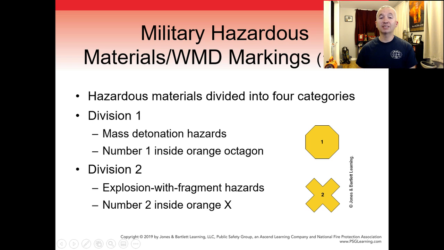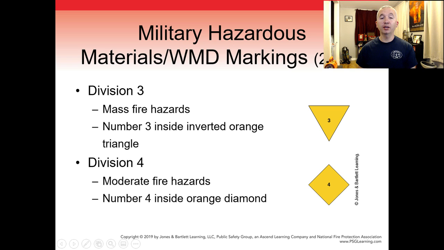Division 1, mass detonation hazards, is identified by number 1 printed inside an orange octagon. Division 2, explosion with fragment hazards, is identified by number 2 printed with an orange X. Division 3, mass fire hazards, is identified by number 3 printed inside an inverted orange triangle. And Division 4, moderate fire hazards, is identified by number 4 printed inside an orange diamond.